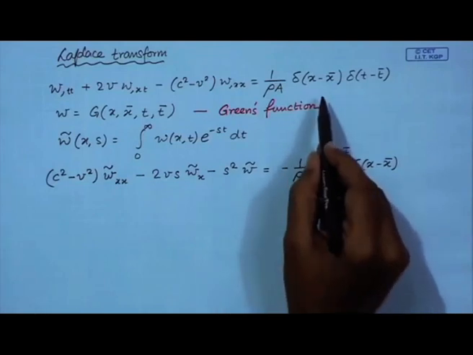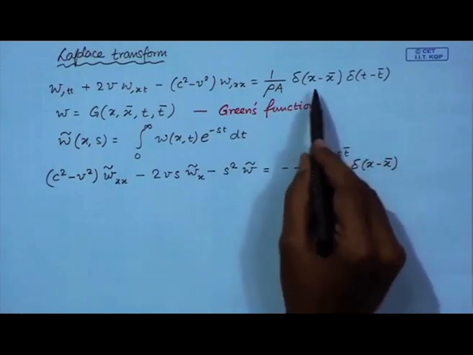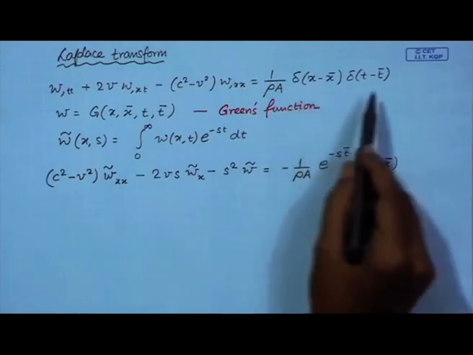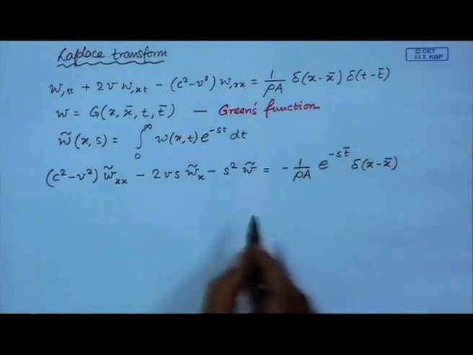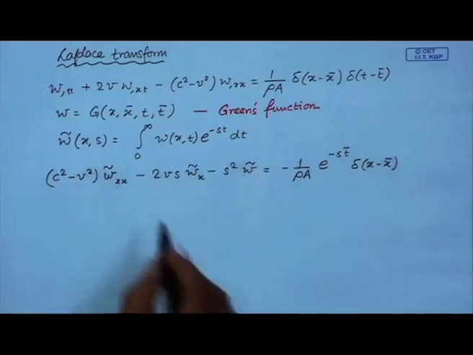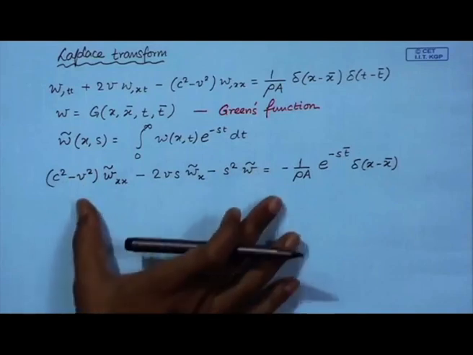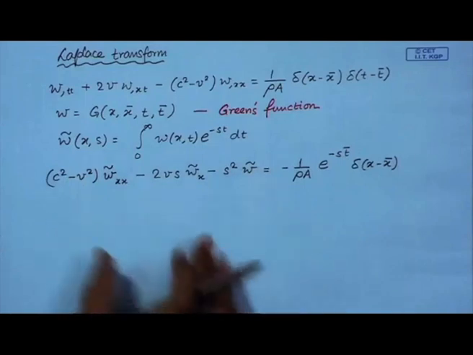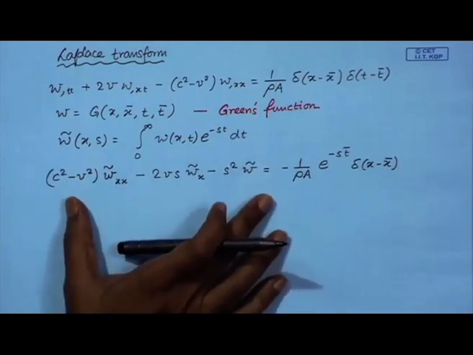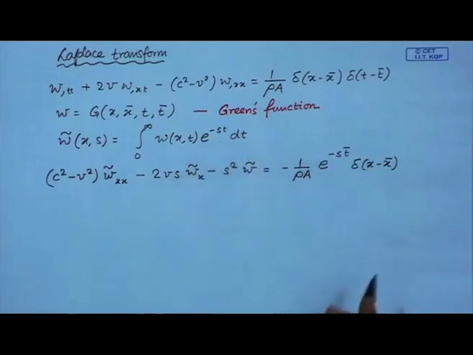Essentially we are giving an impulsive input at x equal to x bar and at time t equal to t bar. So, this is the final equation in the Laplace domain, where S is the Laplace variable.